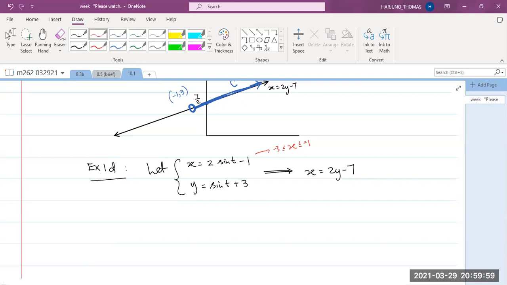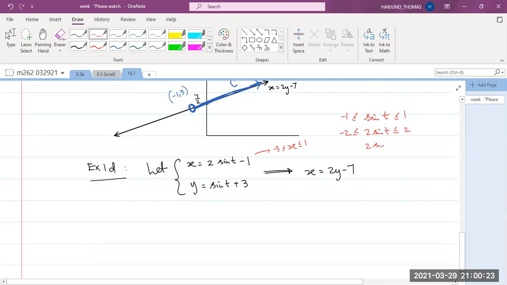Well, because sine t is at most 1, right? Sine t is between -1 and 1. So when you double it, 2 sine t, the range will be from -2 to 2. Now 2 sine t minus 1 will be between 1 and -3. You see that?